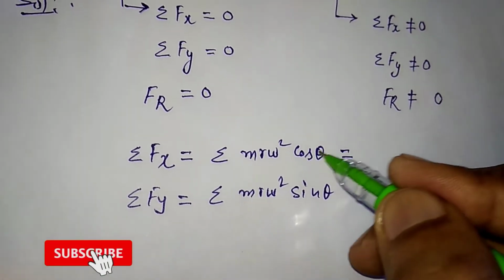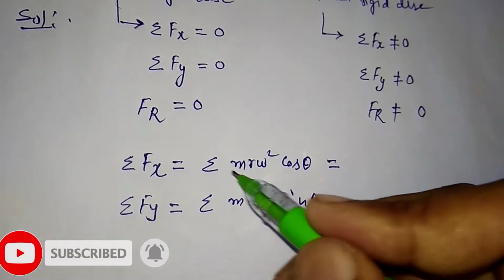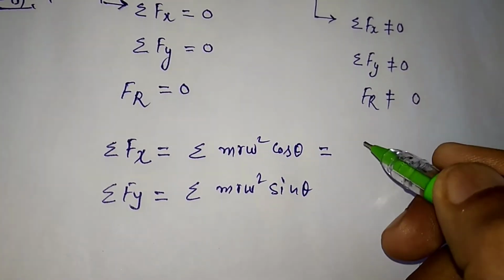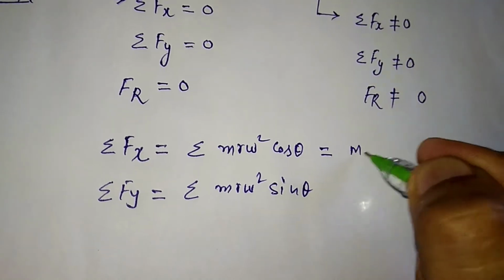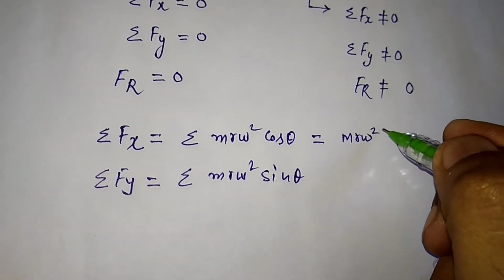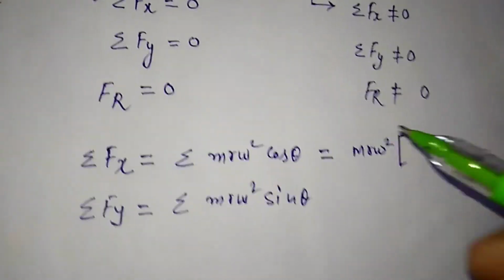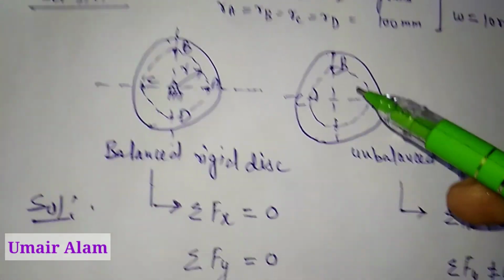Here m and r are the same and omega square is given. So m r omega square can be taken outside, and it will be equal to cos theta a plus cos theta b plus cos theta c.